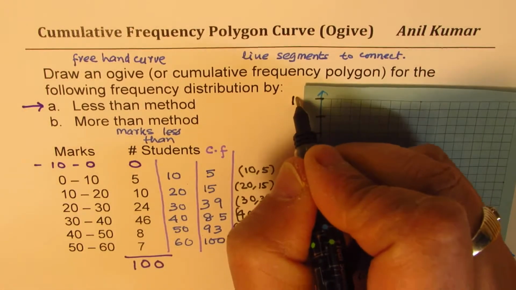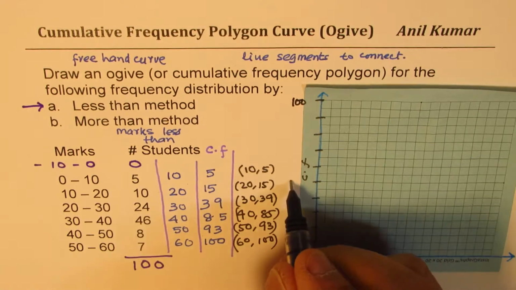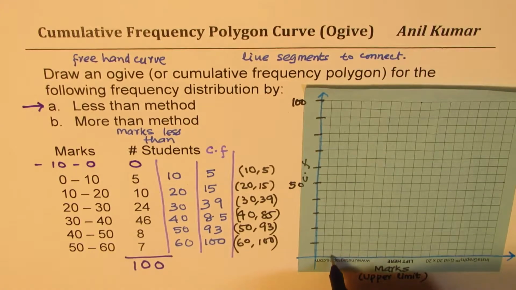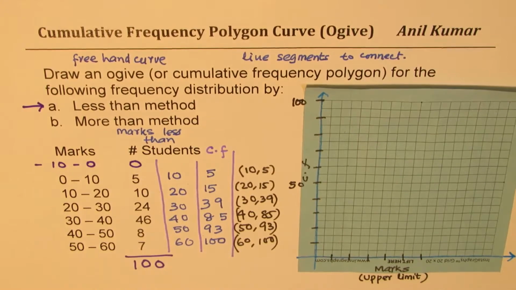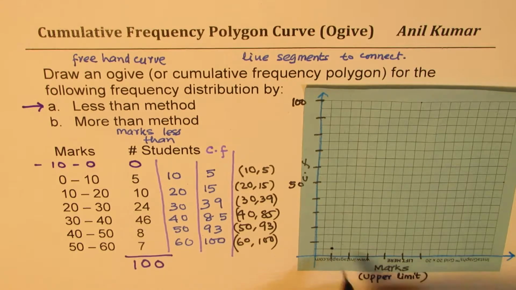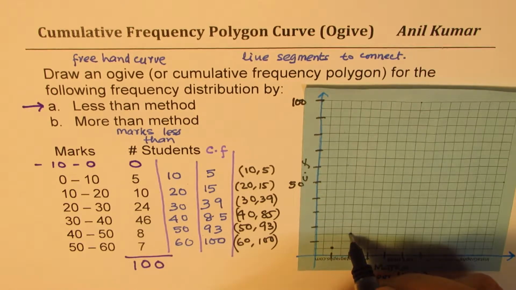On this side, we are going up to 60, so 10, 20, 30, 40, 50, 60, right? So the first point here is, for 10, there are 5. So we get this point. For 20, it is 15.